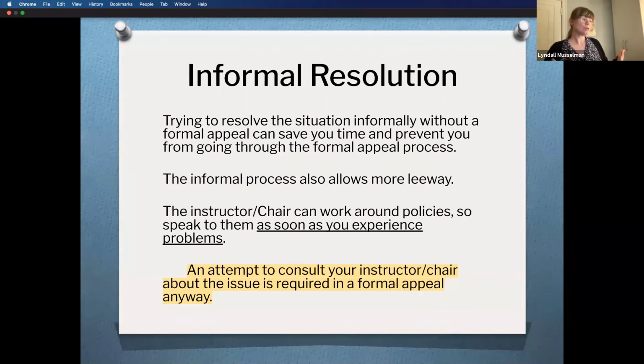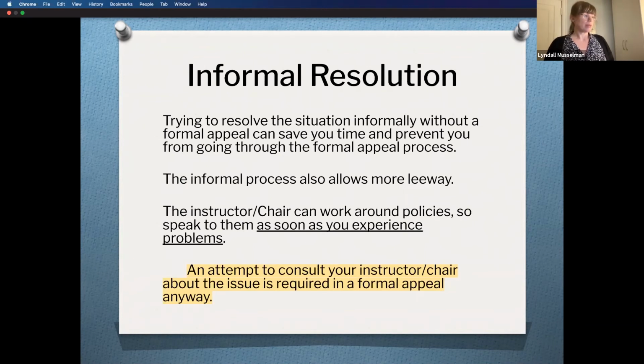So try to send an email. You might not get a response because the beginning of semesters are extremely busy for everyone at the university, especially chairs or directors. There is a likelihood that you might not hear back from those folks before the deadline, but try. Then you have evidence to include in your appeal to say, look, I did email and I never got a response.